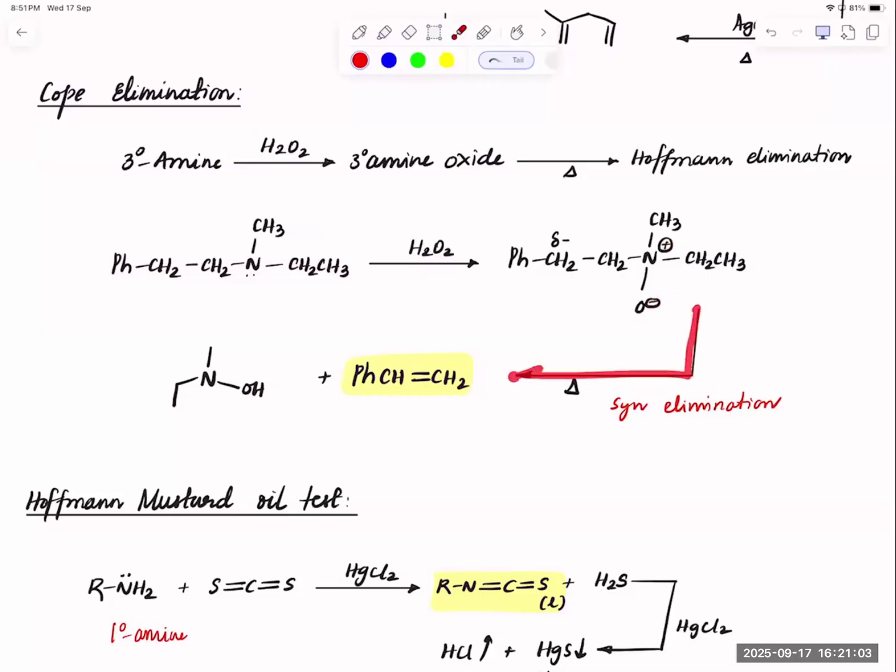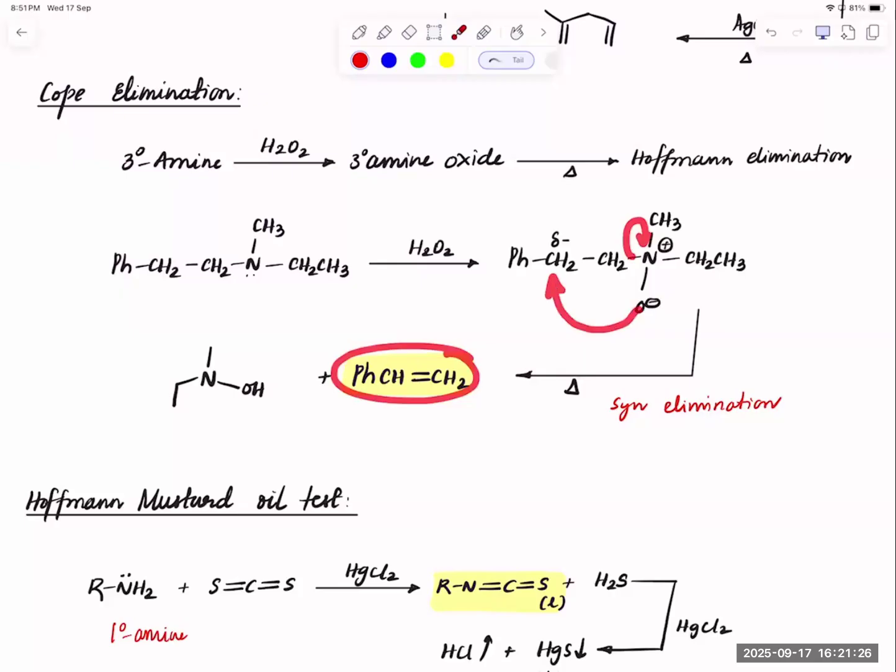This on heating, this O minus will try to extract a beta position's hydrogen here or here. Now, which beta carbon is more stable here? This one, because there is a phenyl group which will help it mildly undergo resonance. So therefore, O minus can extract H plus from here, and that is the product you will have because it will break from here.